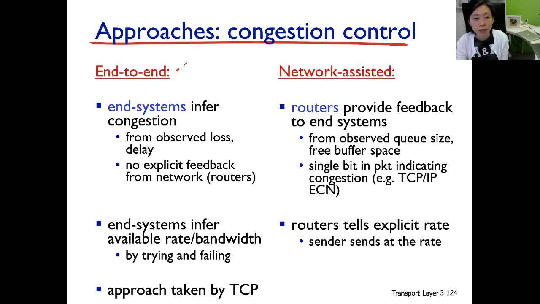Let's first focus on the end-to-end approach. In this approach, the end systems need to infer if there is congestion occurring inside the network. If you recall back in TCP, we are sending multiple packets in one flight to the receiver. The receiver is sending ACKs back. And all these packets and ACKs carry sequence numbers.